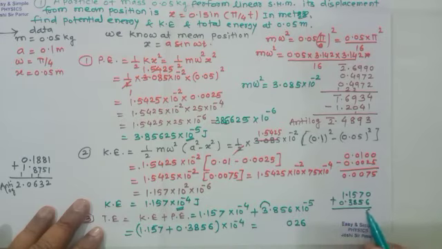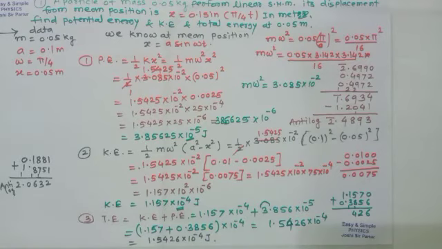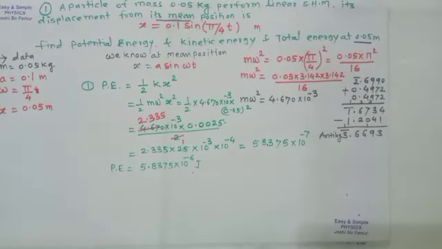Its addition will be 6, 12, 14, 5, 1. So into 10 to the power minus 4. So answer will be total energy will be 1.5426 into 10 to the power minus 4 joule. It will be the answer for first example. Again, if we can solve the second example.